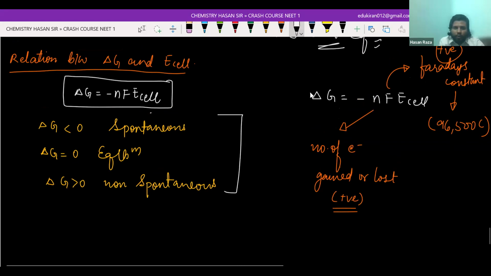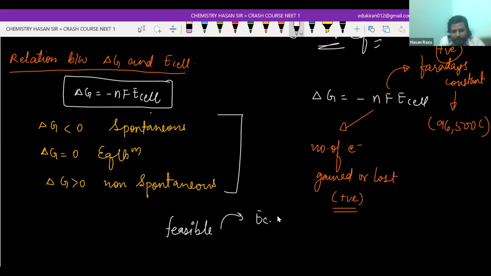Now, in order for the cell to be feasible, E cell must be greater than 0, because these two are positive, and there is already a negative sign in the formula. If E cell is positive, then delta G will be less than 0, and hence the cell is feasible.